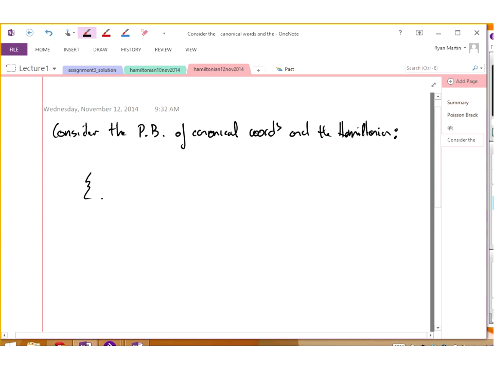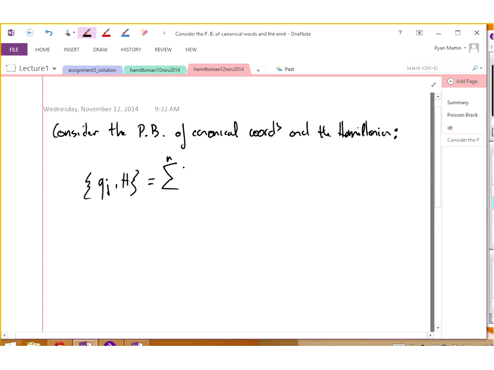Alright, so that means let's consider the Poisson bracket of Qj with the Hamiltonian. Okay?